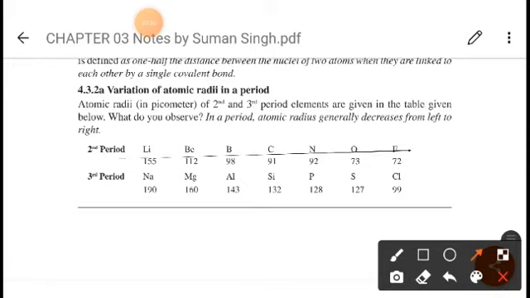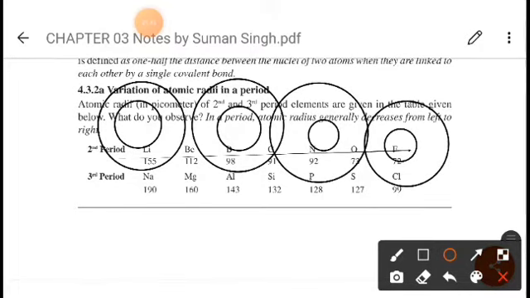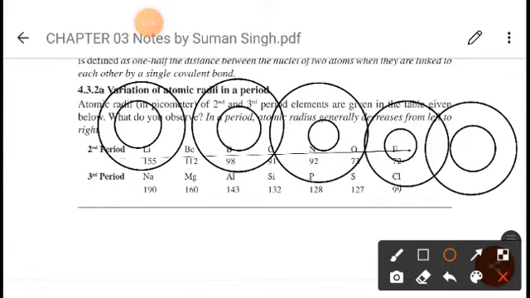I will try to explain this. The number of shells will be the same when we are moving across the period, but the atomic number is increasing.